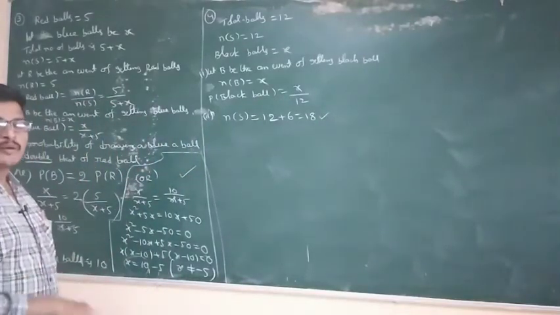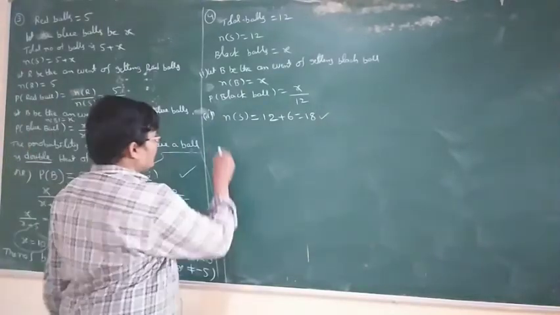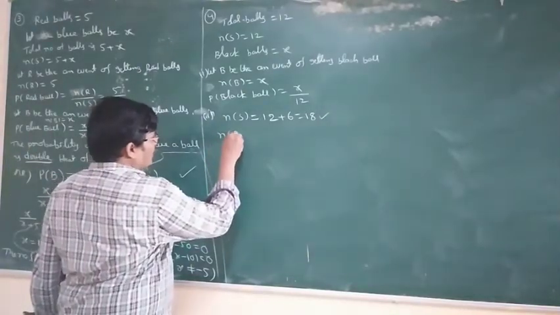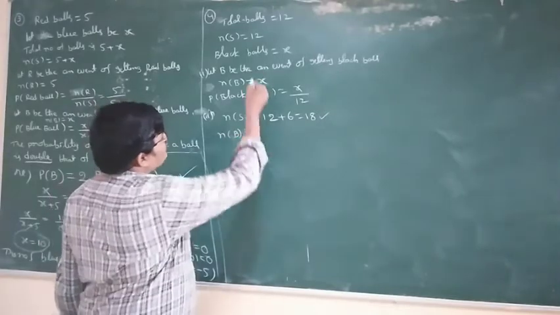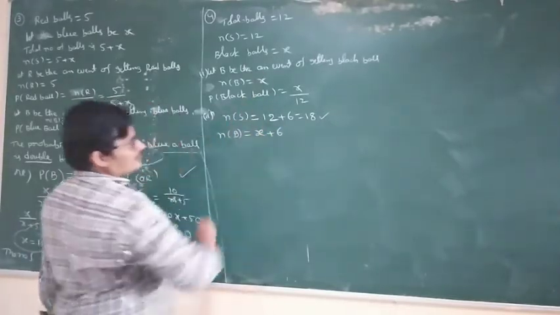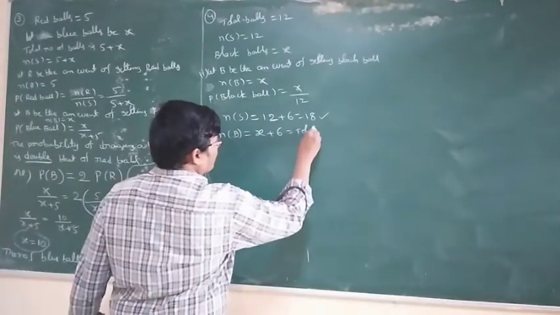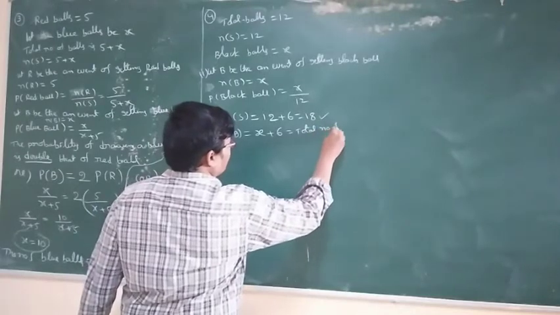So total number of black balls, n of B is equal to what? Already x black balls before, x plus 6.